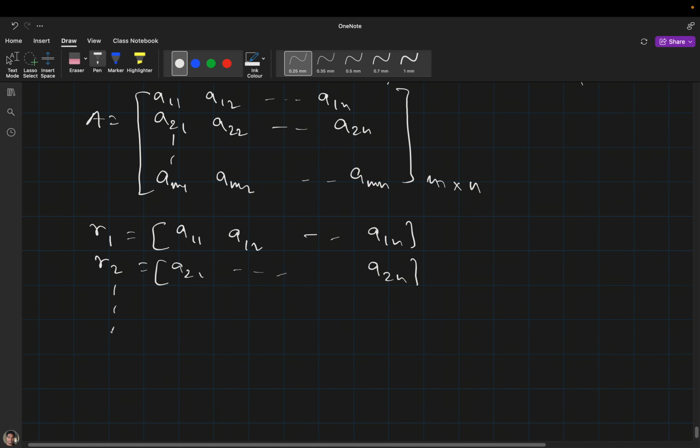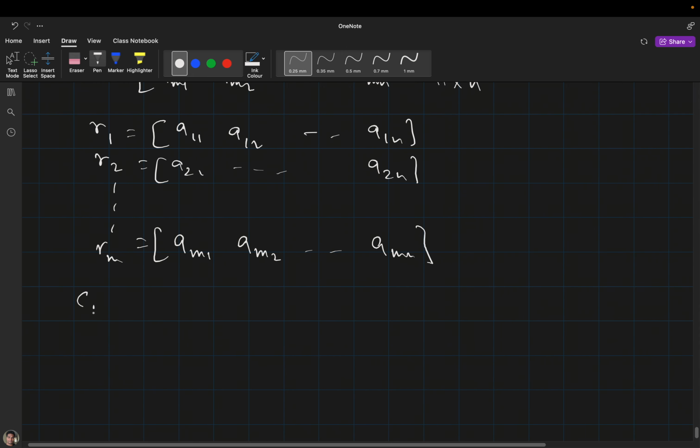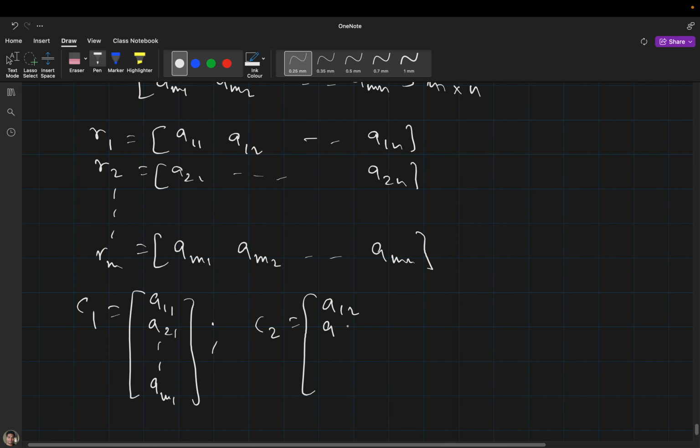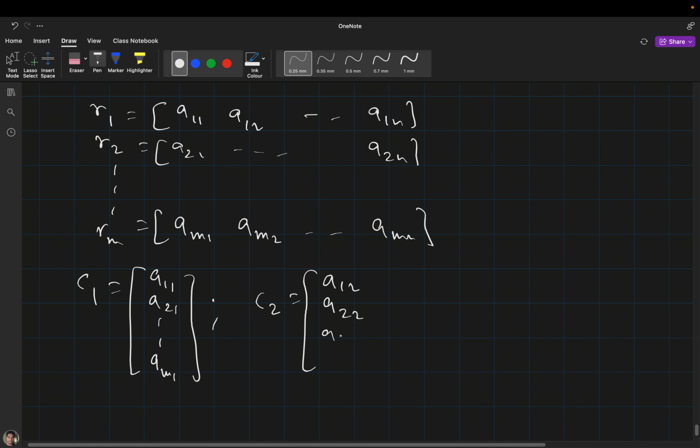Similarly, the mth row we can write as Am1, Am2, Amn. Similarly, I can write column 1 as A11, A21, Am1, and column 2 as A12, A22, A32, like this.